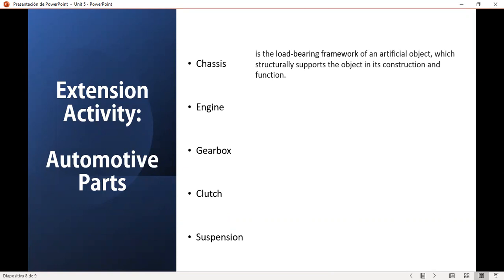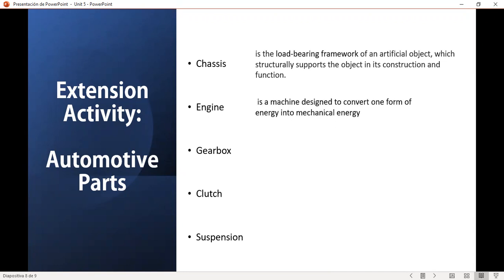Then we have engine. Engine is a combustion engine, in this case a 4-stroke, the energy source of the car.